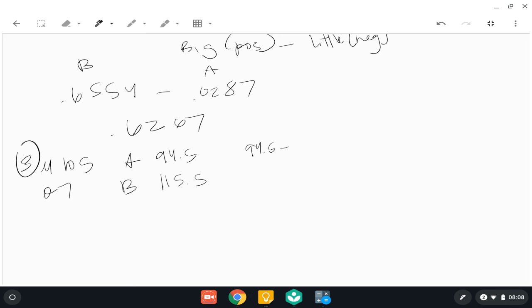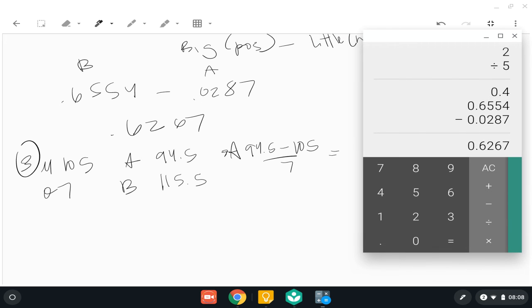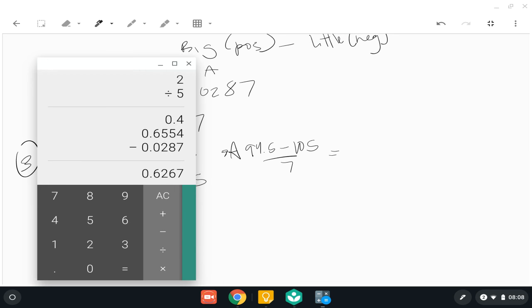ZA equals 94.5 minus 105 over 7 equals negative 1.5.